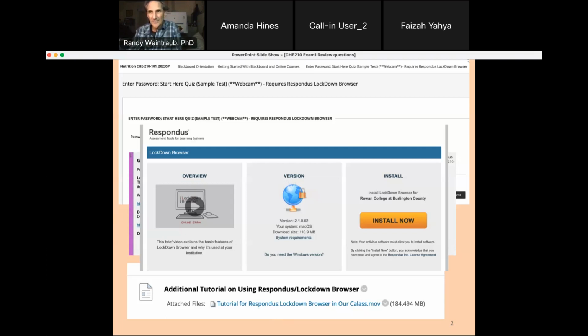But for the test and this practice quiz, you need to open Lockdown Browser, and then you'll be able to get to Blackboard and locate the quiz or exam or whatever else that you're doing.